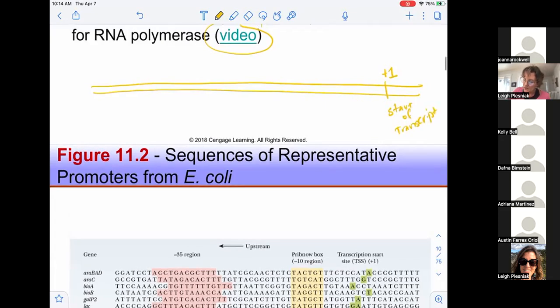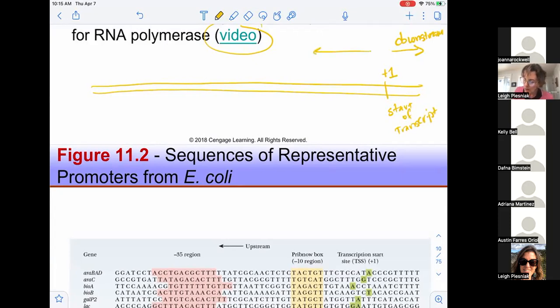The genes that are being transcribed, those are called structural genes. These are things that will become proteins. Those are downstream, and they're numbered 1 to whatever.